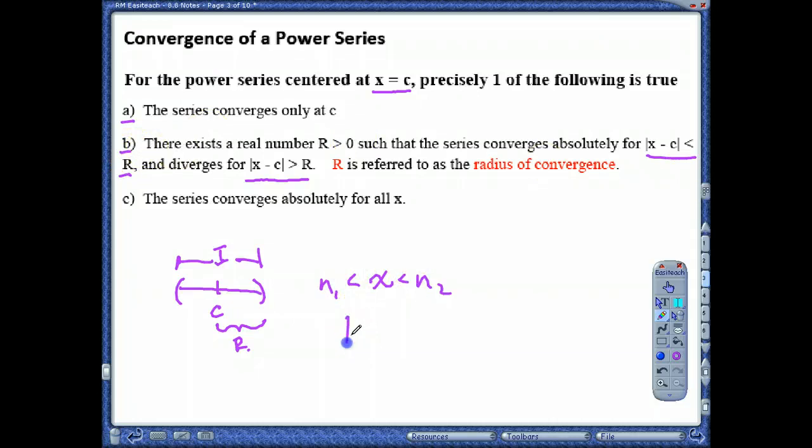So we're going to be looking at this guy, and that r is the radius of convergence. The third possibility is that it converges everywhere, for all x values. Just to recap, it converges only at the point you're centered at, or on a finite interval, or for all x's. Only one of those three can happen at a time.